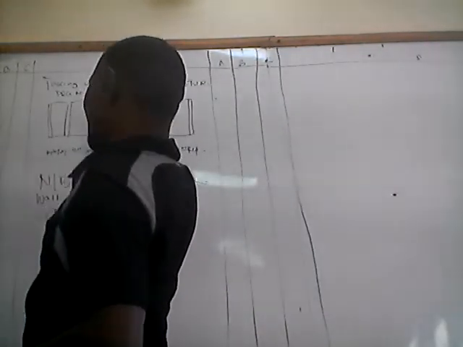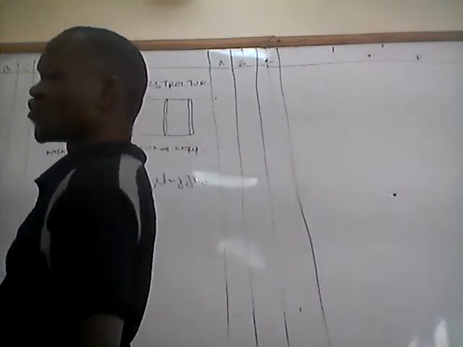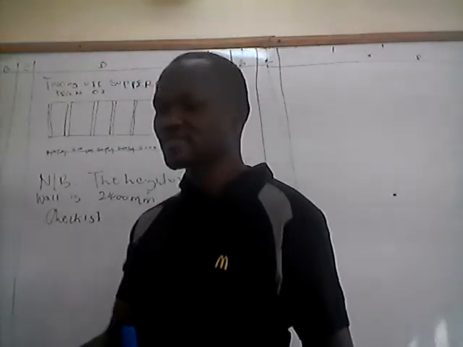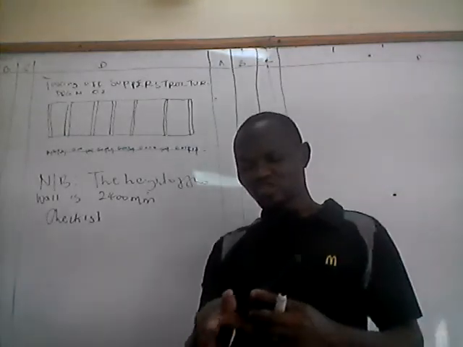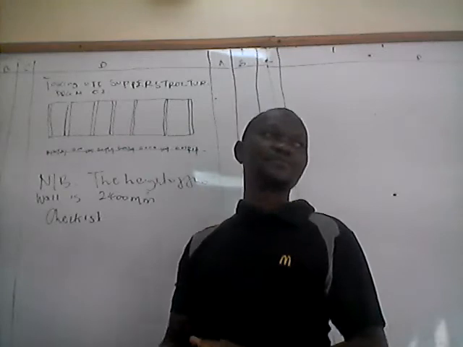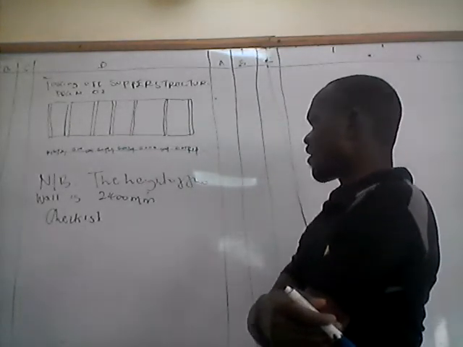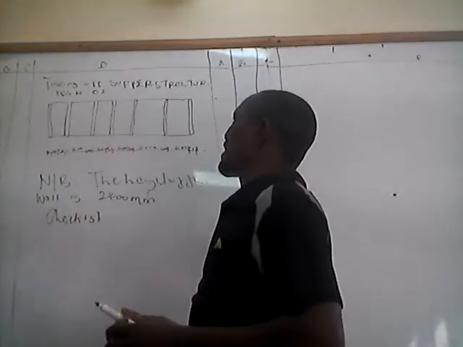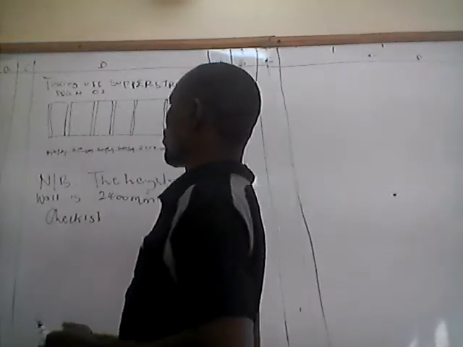Then you have to tell him which type of structure you are taking off, because you can be given a plan to take off a substructure, or a roof, or a bridge. So you, as the examinee, are supposed to tell the examiner what you are talking about.